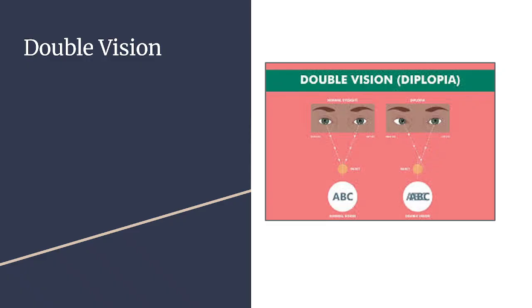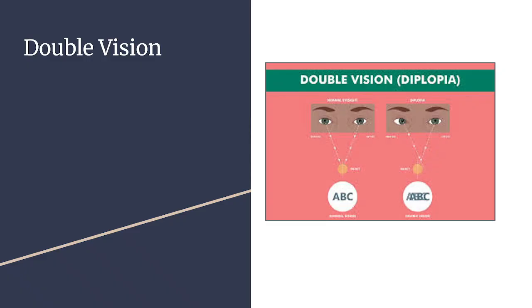It can be a temporary issue or a sign of a more serious underlying condition. Symptoms include seeing double, whether side by side, above or below, diagonally, blurred vision or unclear vision in one or both eyes, pain in the eyes or discomfort, headaches or dizziness, nausea and difficulty with balance or coordination, and it may be caused also due to damage in the nerves or muscles.